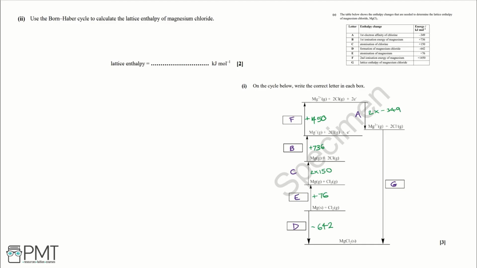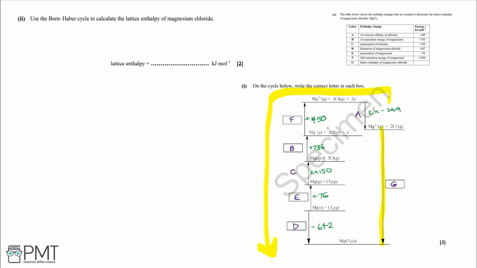The method for this question is that we're trying to work out this arrow, but we can't do that, so we're going to have to work around by going all the way round and using the information that we do have. So if we're going in the opposite direction to the arrow, the sign needs to flip.